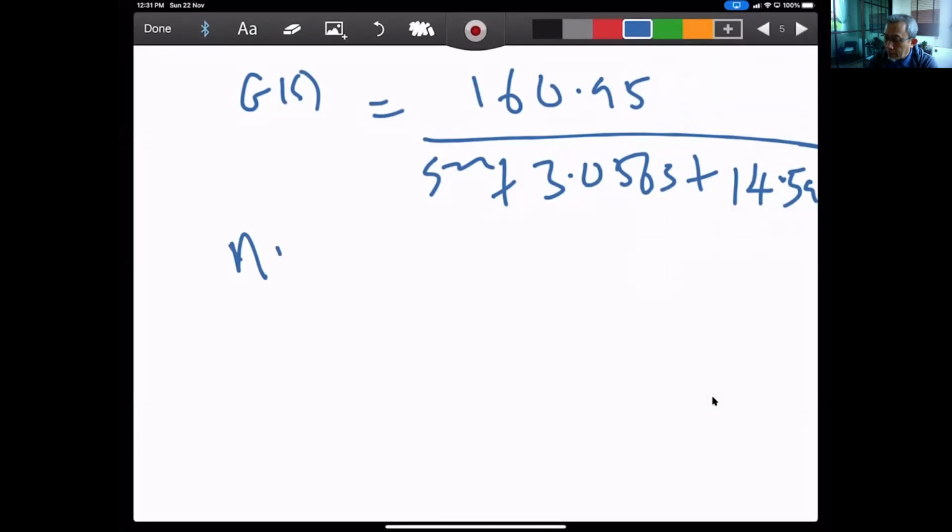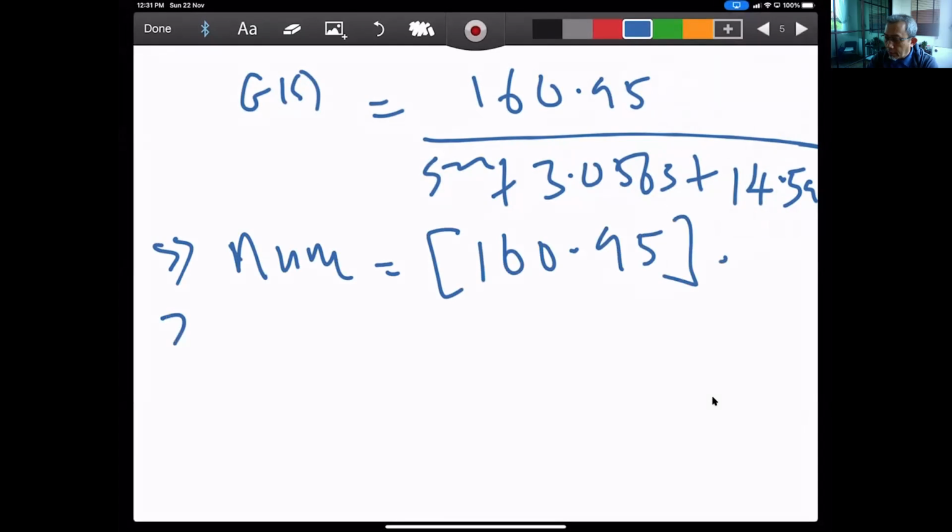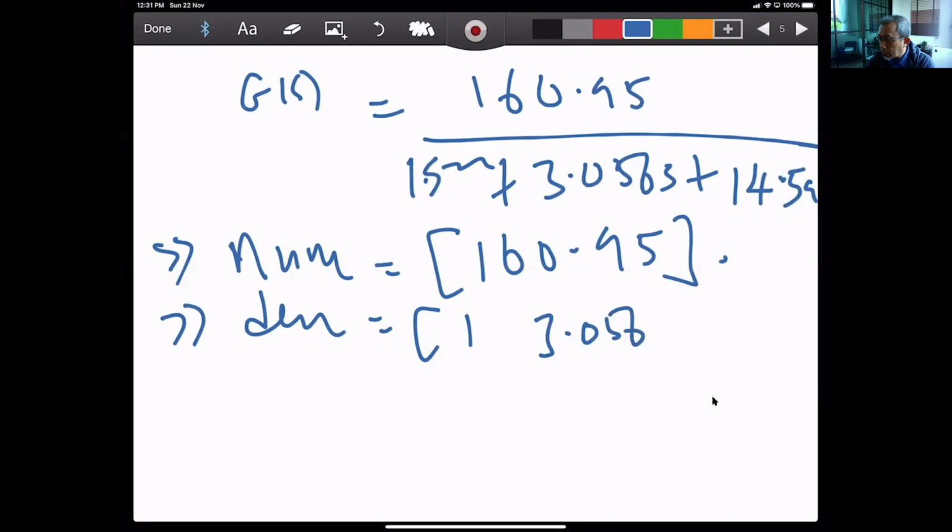So in MATLAB, the numerator, you write the MATLAB program with the prompt: 160.95. Enter, then the denominator: 1, because the coefficient of s squared is 1, space 3.056 and 14.59.